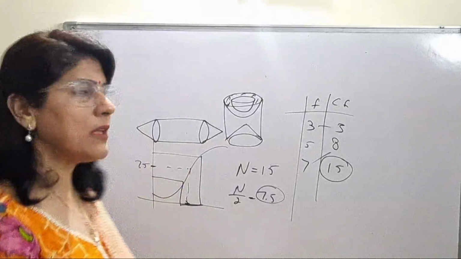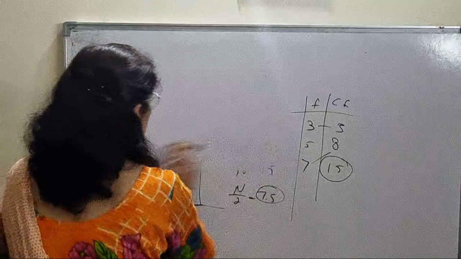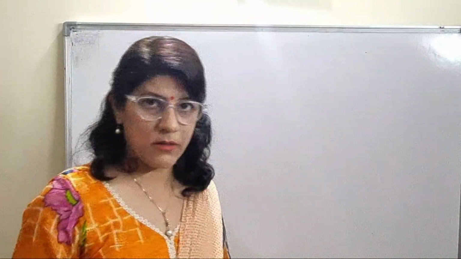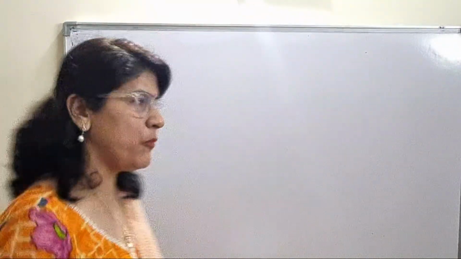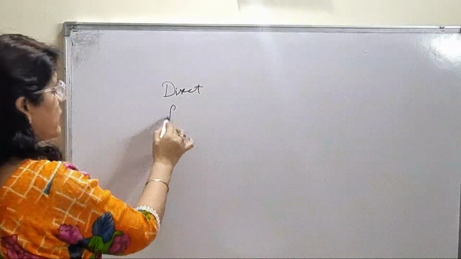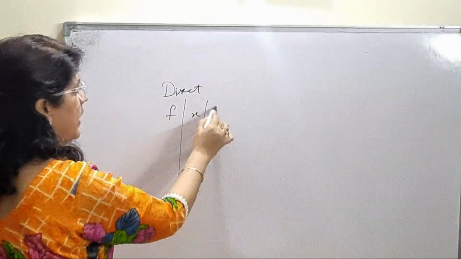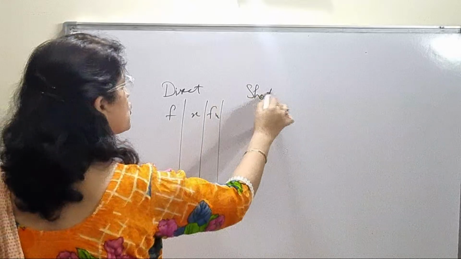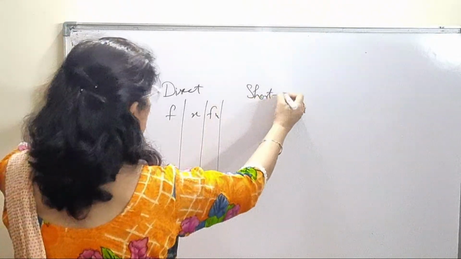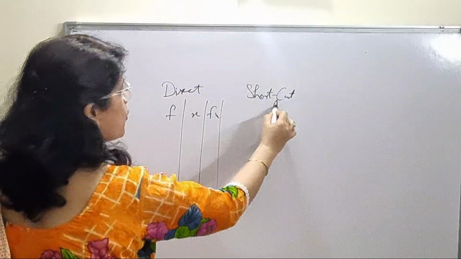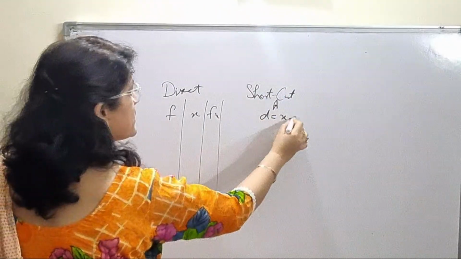And what about the 3 methods of mean calculation? Are you aware of all of them? Some students had a doubt last year: what is the assumed mean method? The assumed mean method is the shortcut method. The first method is the direct method, in which we just calculate f and x, and then fx directly. In the assumed mean method, also known as the shortcut method, we take one assumed mean a and calculate d, which is x minus a.